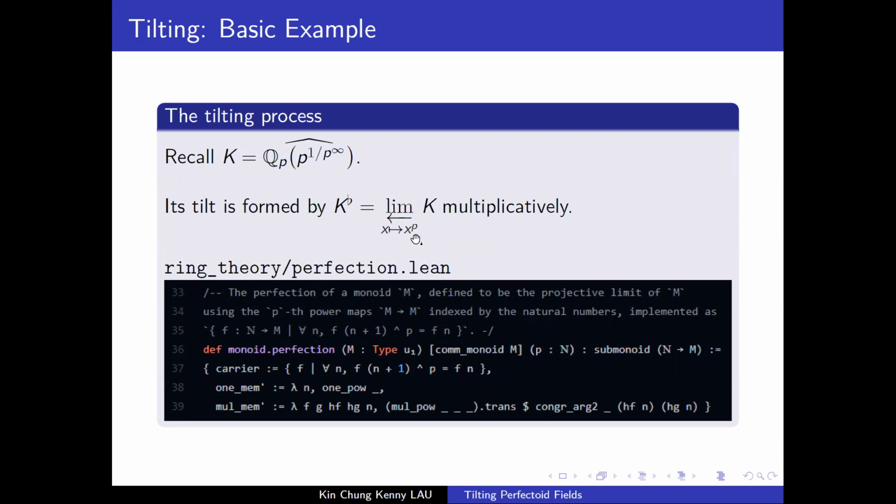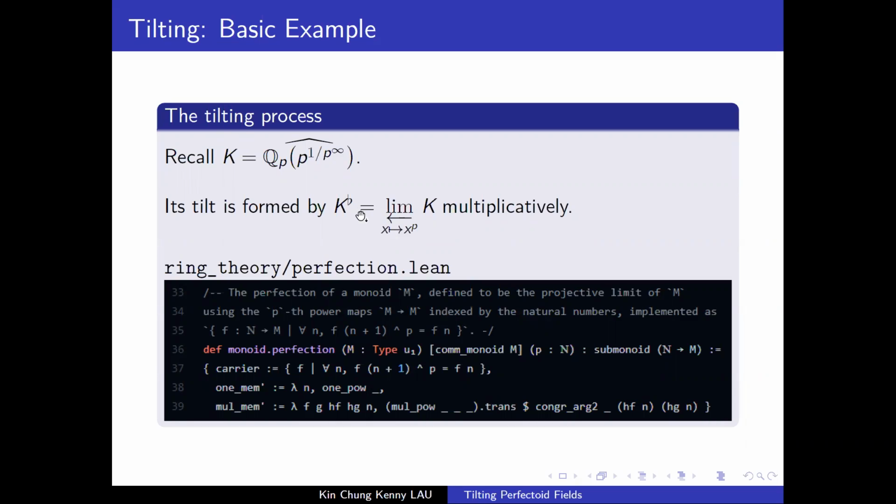If this were characteristic p, then this would be an isomorphism, because of our assumptions about the local fields that we can tilt.